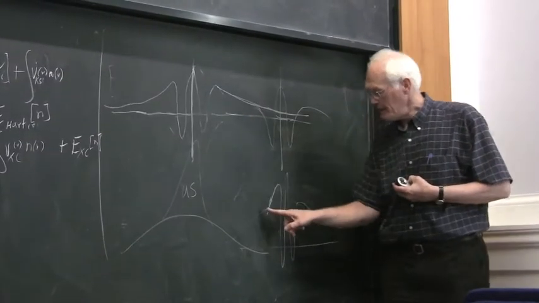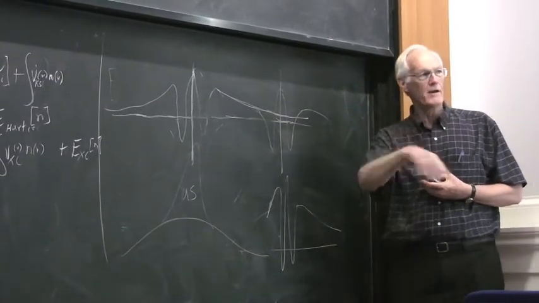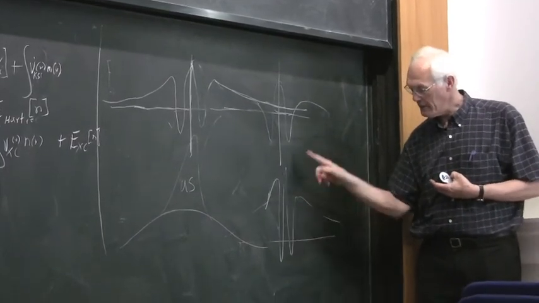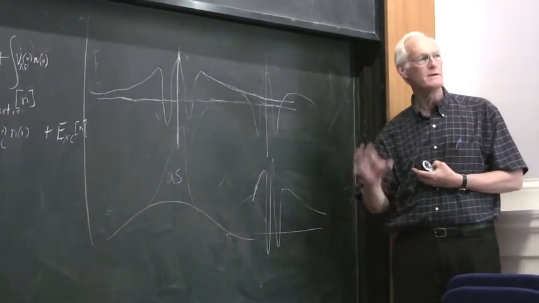What's the major difference between ultrasoft pseudopotential and PAW? It's which function you put in this region. With PAW you carry around more stuff. It's a little harder, but what you carry along is something close to the real wave functions.